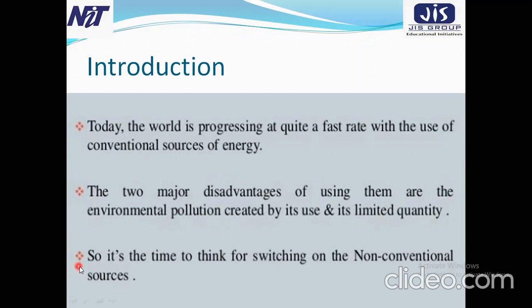So it's time to think about switching to non-conventional sources. For that reason, solar and wind is a substitute way to generate power, and we have to think about that nowadays.